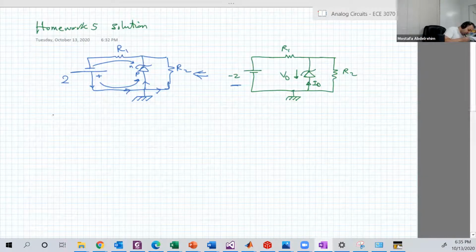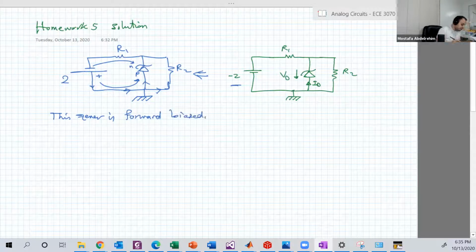So this diode, this Zener, is forward biased. But we don't know for sure if it's on or off. Okay? Good. So we have two ways.